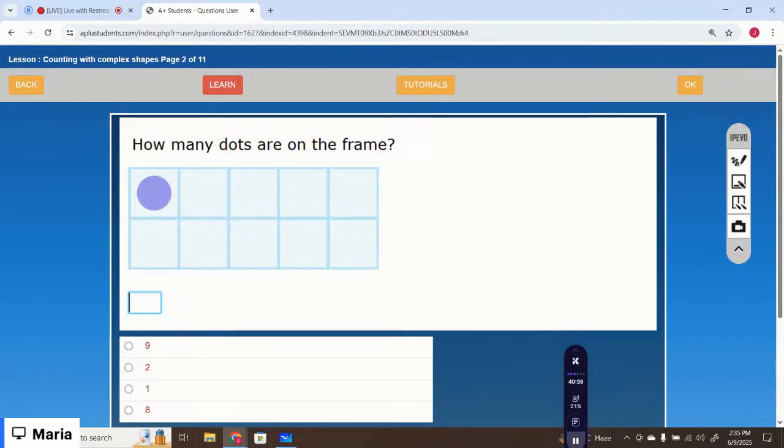How many dots are on the frame? Option number 3 is the correct option, only one dot.